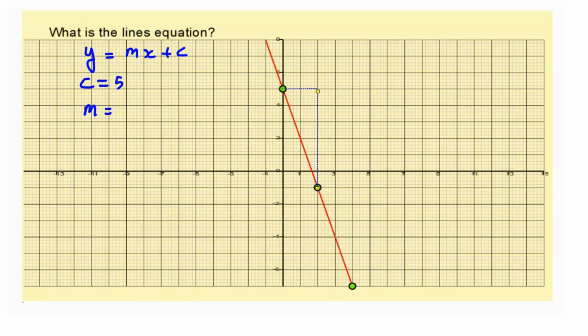Okay, so here the change in y would be 1, 2, 3, 4, 5, 6. It's going downward, so that would be minus 6. And the change in x here would be 1, 2 units.